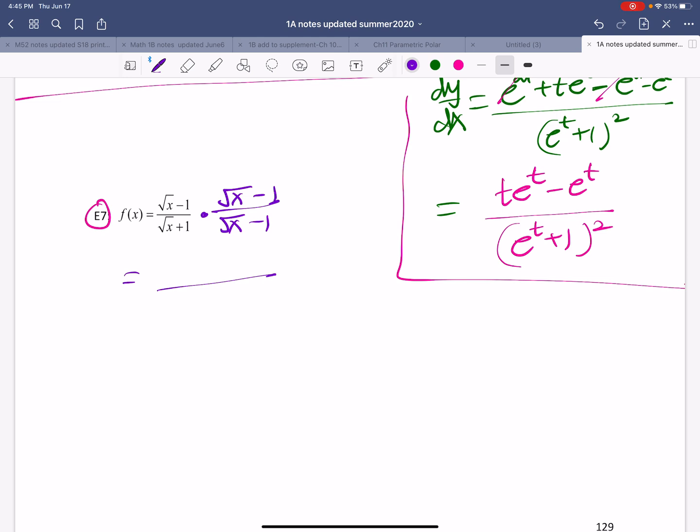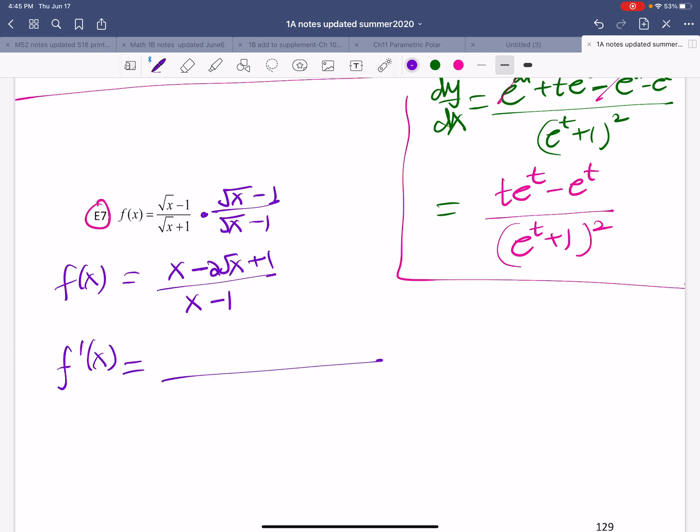That would be x minus 1 in the numerator, a squared minus b squared, and the numerator would be x minus 2 root x plus 1.